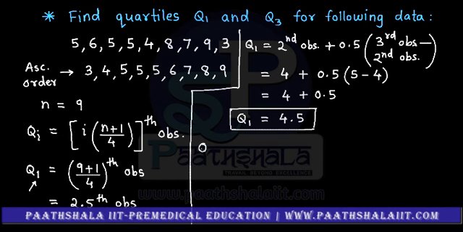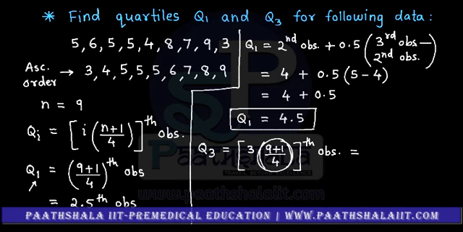Similarly we can calculate the other quartile, Q3. Here it is 3 into (9 plus 1) by 4 th observation, which is the position of the observation. We already calculated 9 plus 1 upon 4, that is 2.5.